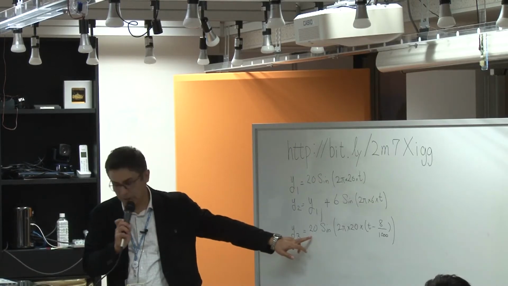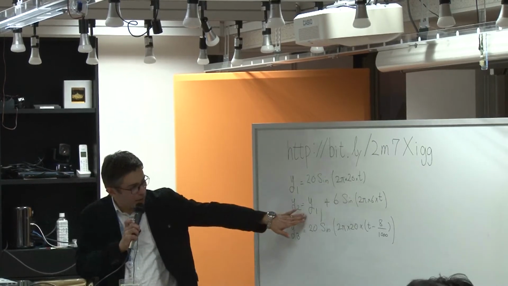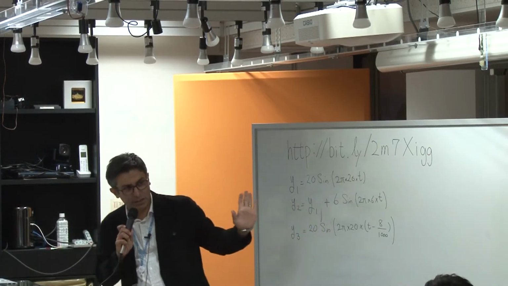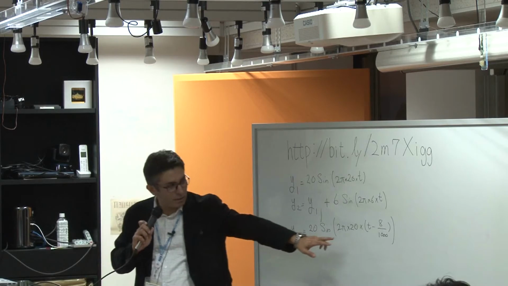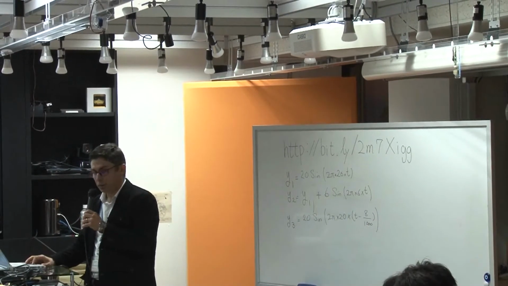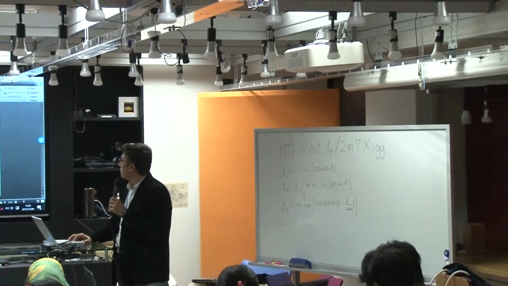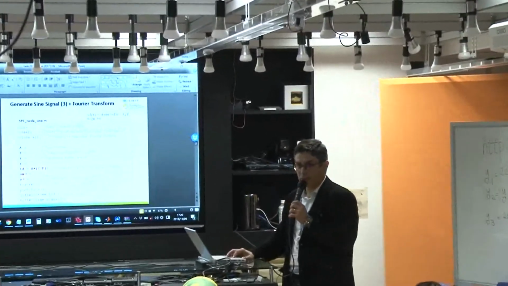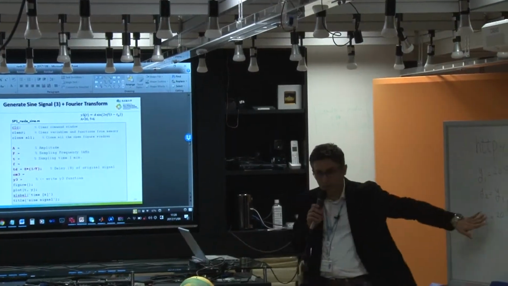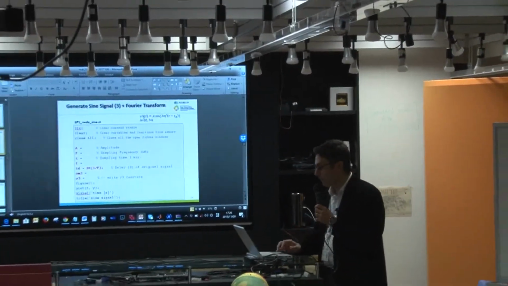And Y3 is the same Y1, but it has a little bit of shift in the signal, a little bit of delay. So if you draw, yeah, this is Y3, yes. Same, it's the same.